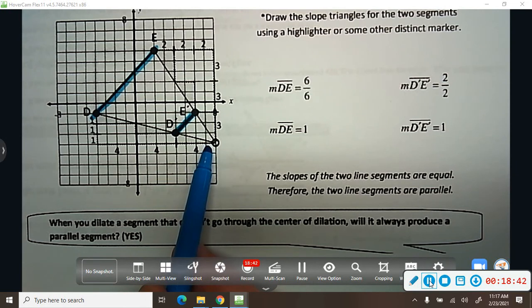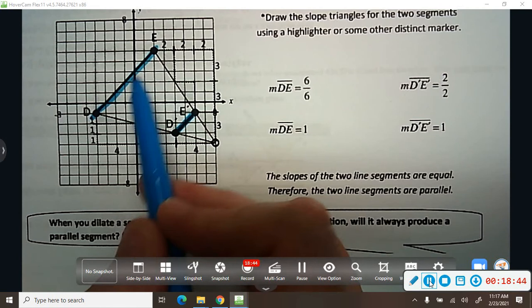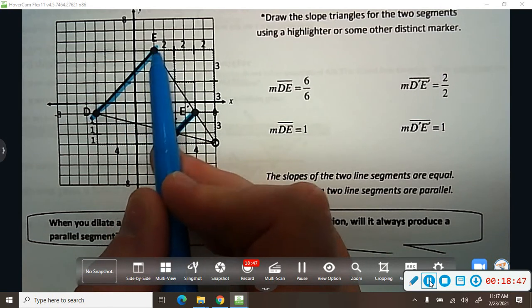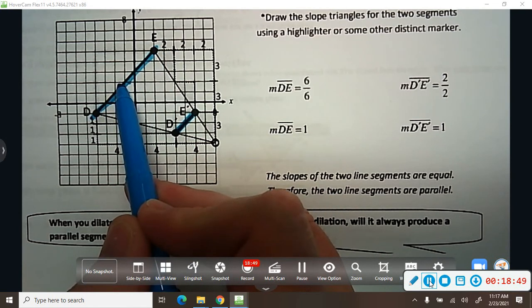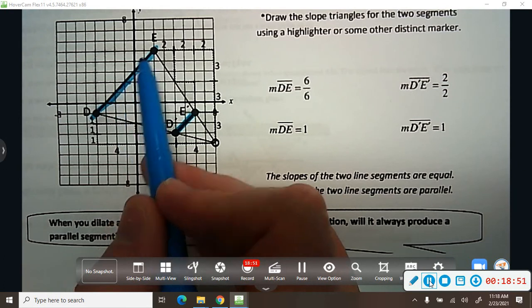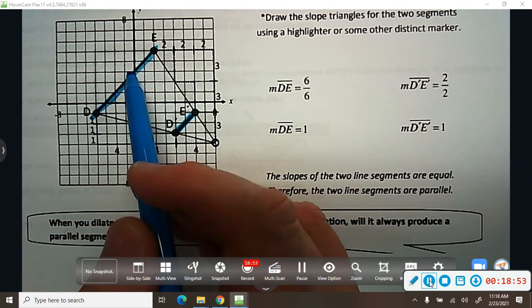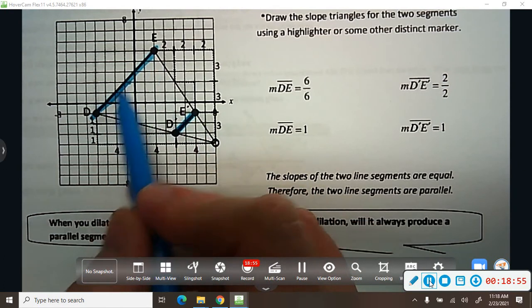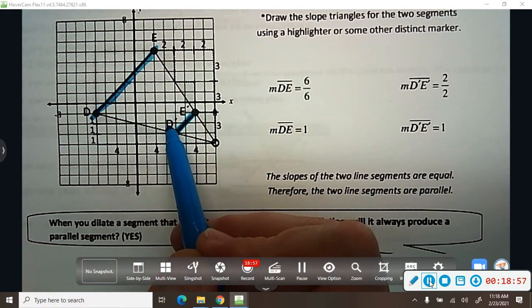So here's my original segment DE. If the center was anywhere on DE, then the new segment would also be on DE, so then they're not parallel. But if your center is not on DE, it'll always make a parallel segment.